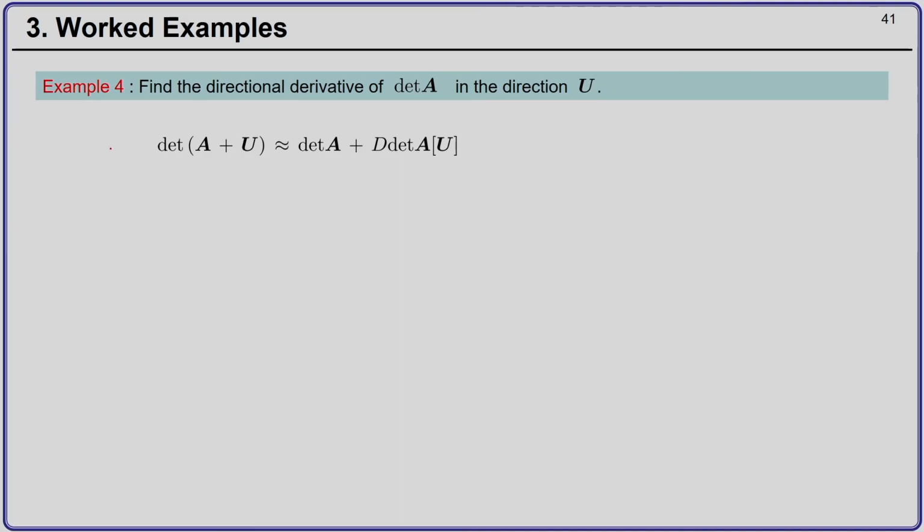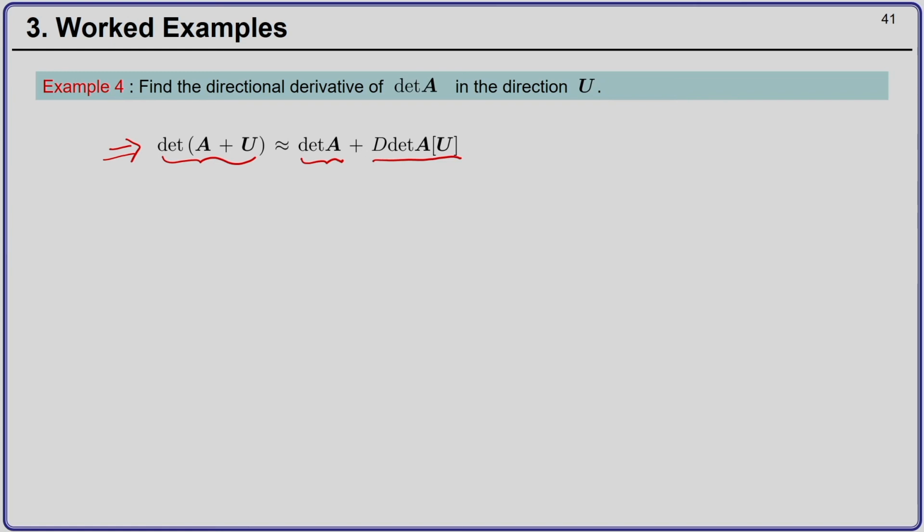So, the next example that we consider is to find out the directional derivative of the determinant of A, where A is a second order tensor, in the direction u, which means when the tensor A is incremented by u, what is the change in the determinant of A. As you can see here, we can write the determinant of A plus u as determinant of A plus the directional derivative of A in the direction u.